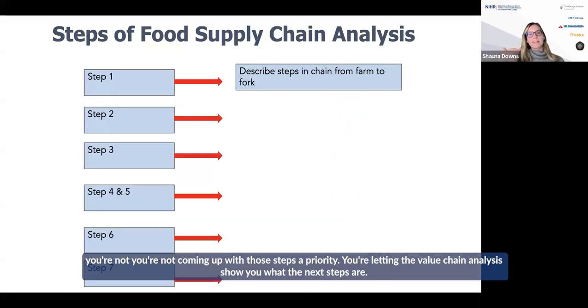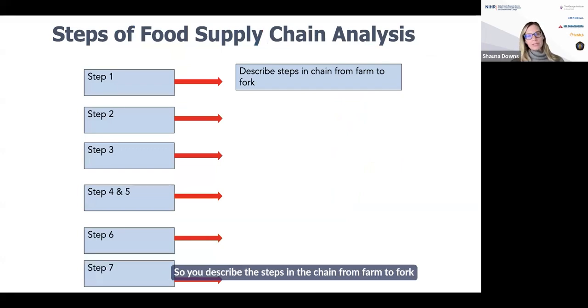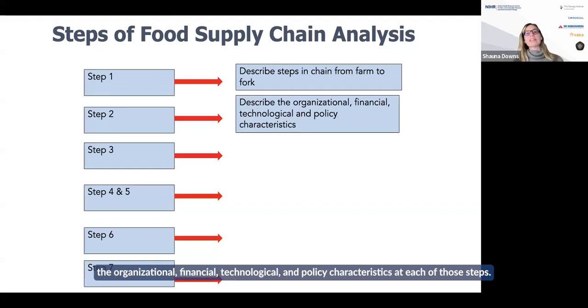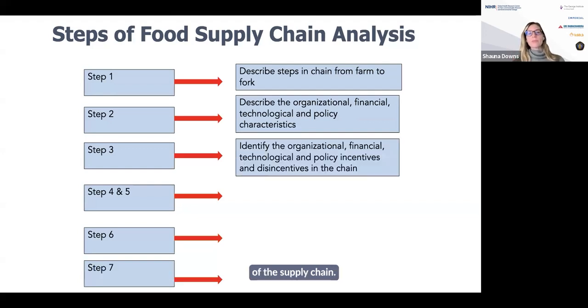You're letting the value chain analysis show you what the next steps are. So you describe the steps in the chain from farm to fork. Then in the context of consumption-oriented food supply chain analysis, you then describe the organizational, financial, technological, and policy characteristics at each of those steps of the supply chain.